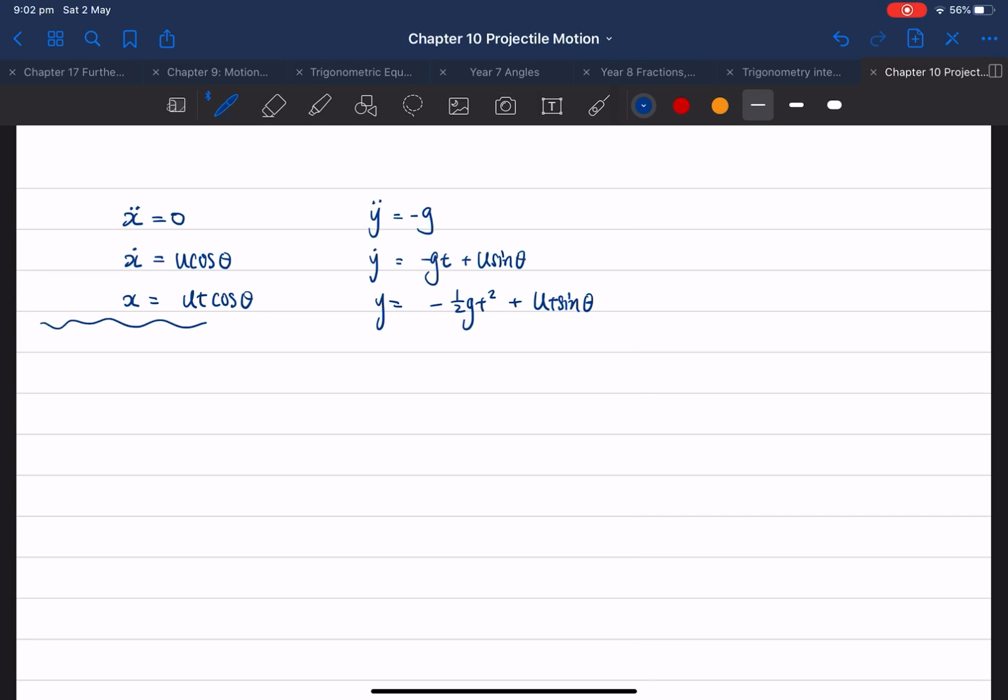Now, from these 6 equations, we can derive 3 important concepts. The first one is called the maximum height. The next one is the time of flight.